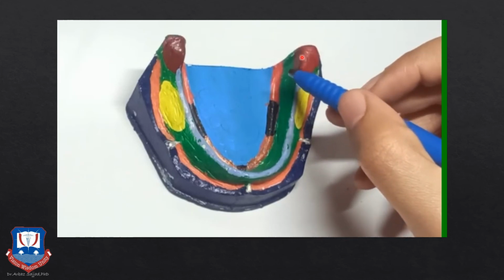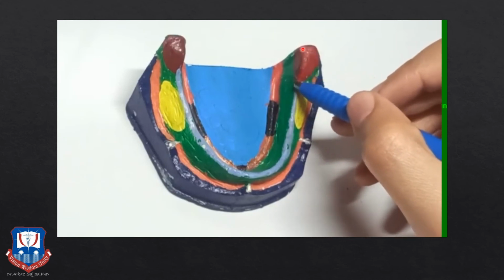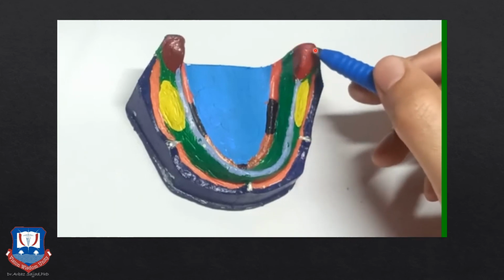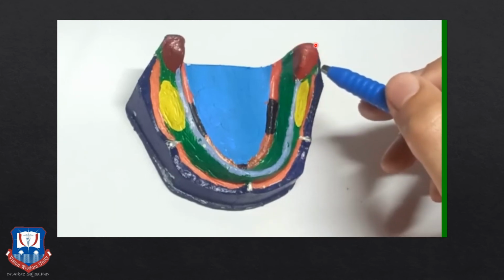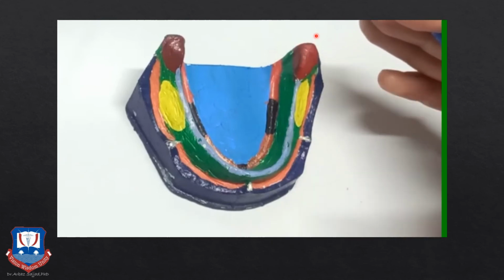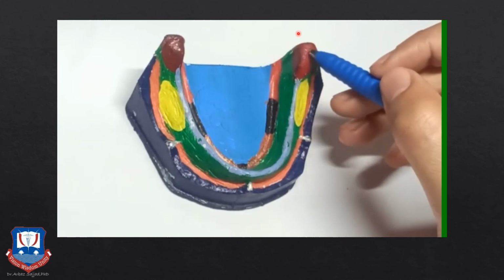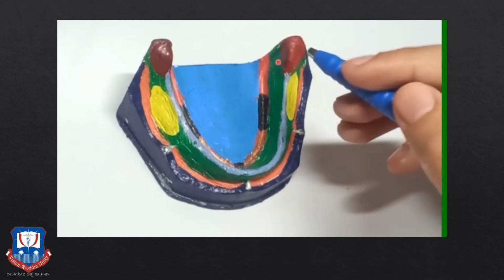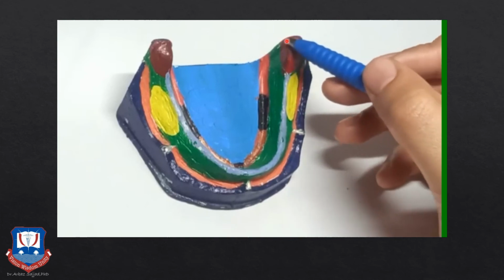Now, the retromolar pad is a limiting structure and the denture preferably should not extend beyond two-thirds of the retromolar pad. Extending the denture beyond the retromolar pad will again cause discomfort and dislodgement of the denture, because we have the attachment of the pterygomandibular raphe and the superior constrictor muscle, which forms a part of the retromylohyoid curtain.